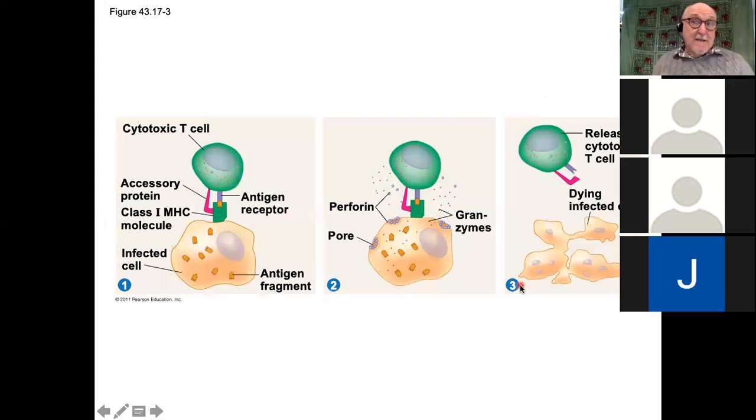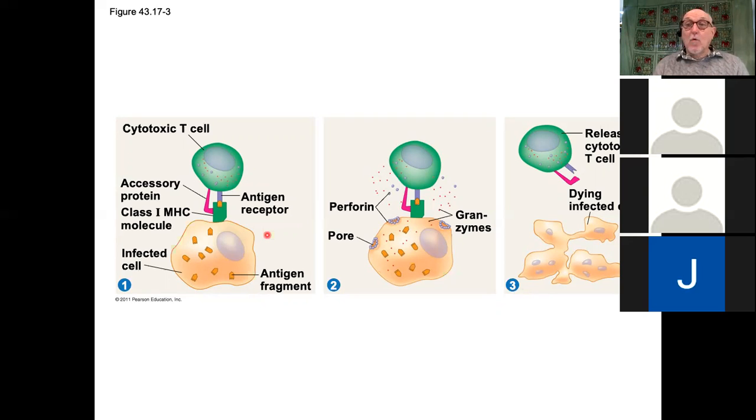Okay, so those are the helper T cells and how they interact with the B cells. But there's this other big group of T cells, which are the cytotoxic T cells, and they are also activated by dendritic cells. So they are going to react to the same epitope as the T cells and B cells.